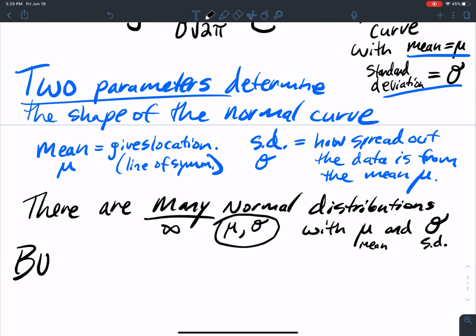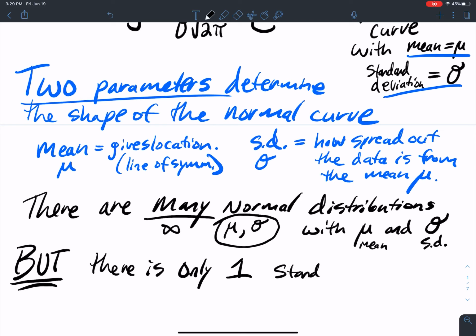But, and this is a big but, there is only one standard normal distribution.